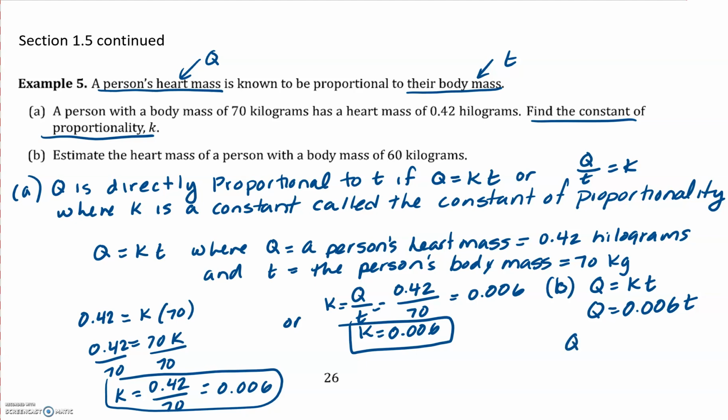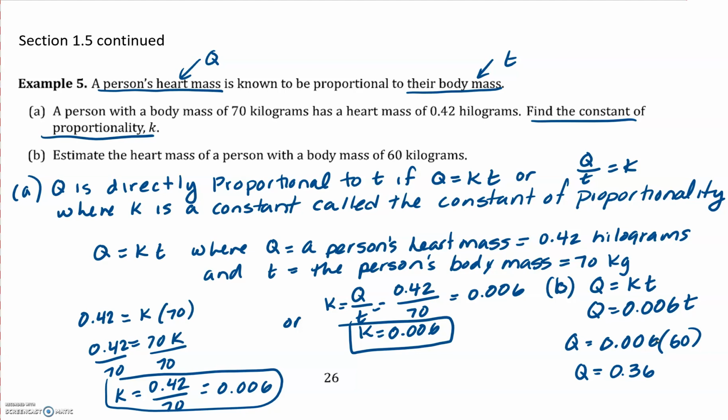So now I could take Q equals, they wanted when the person's body mass, which is the T, is 60. So you're going to say 0.006 times 60, plugging in the T, you can find the Q. Multiplying these two on your calculator, you should get 0.36.